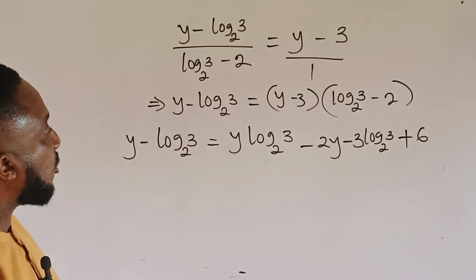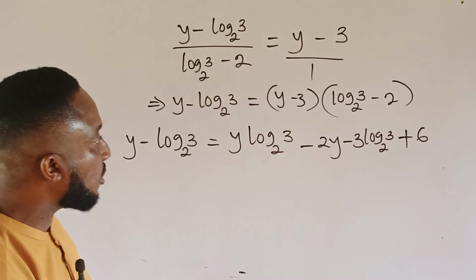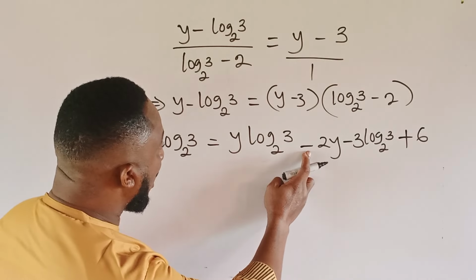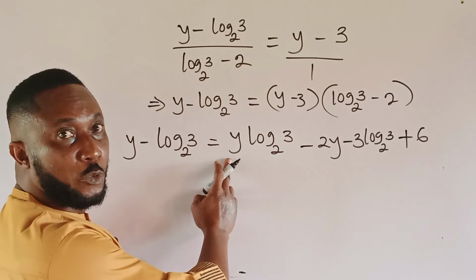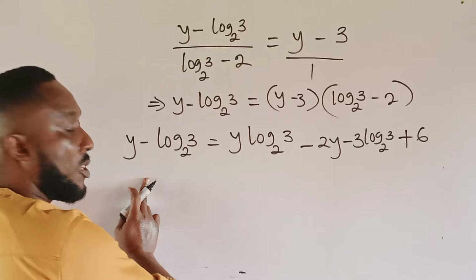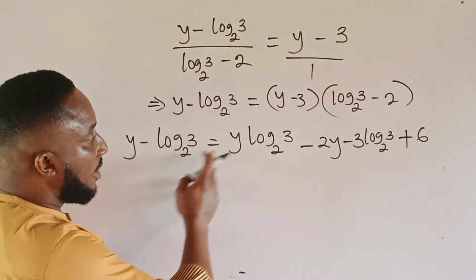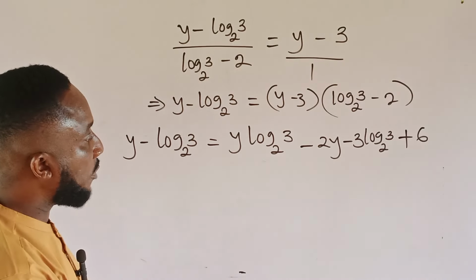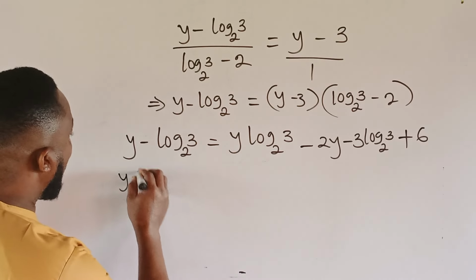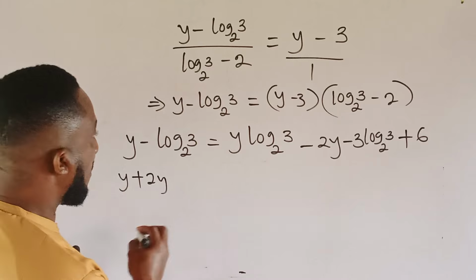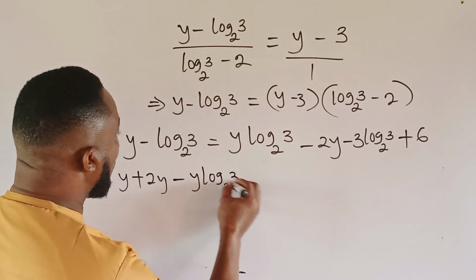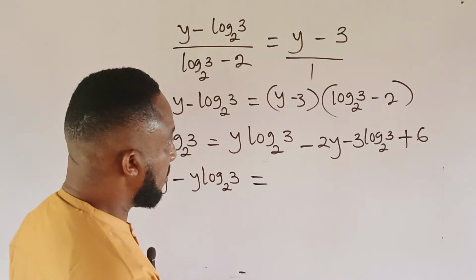So we shall then collect like terms. Anything containing y should be on one side. So we have negative 2y here, then we have y log to base 2 of the argument 3. So negative 2y crosses equality and becomes positive. y log to base 2 of the argument 3 is positive, it crosses and becomes negative. So we are going to be having y plus 2y minus y log to base 2 of the argument 3 equal to.